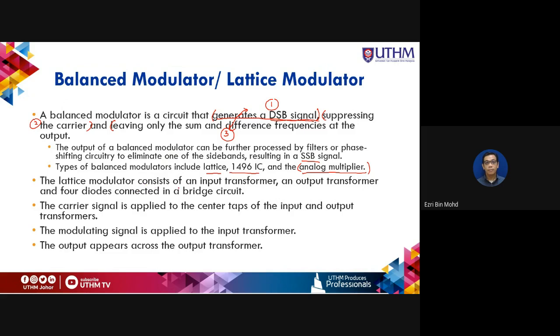The lattice modulator consists of an input transformer, an output transformer and 4 diodes connected in a bridge circuit.